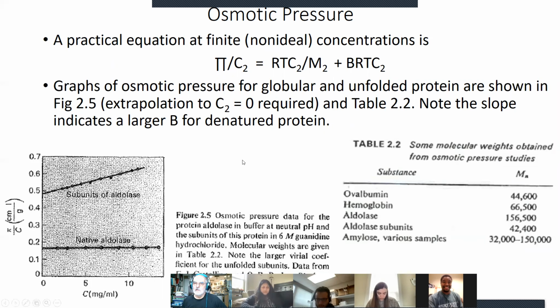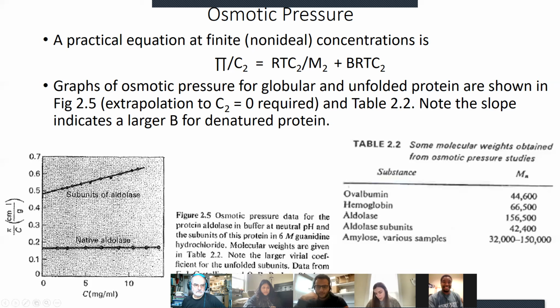All right. And probably the last thing we talked about was the fact that this is an inverse molecular weight. So the native aldolase has a smaller intercept. I have a larger molecular weight. You can see over here, it's 160,000. The subunits, it's a tetramer.